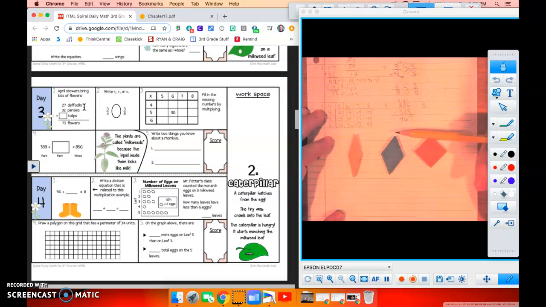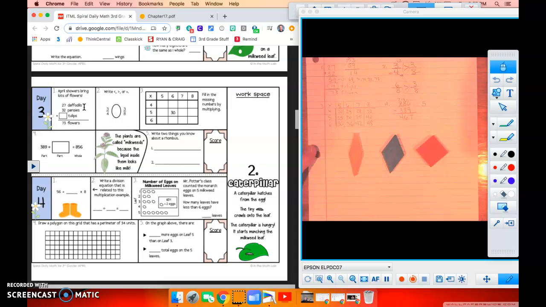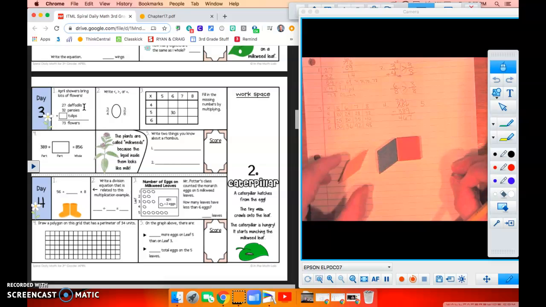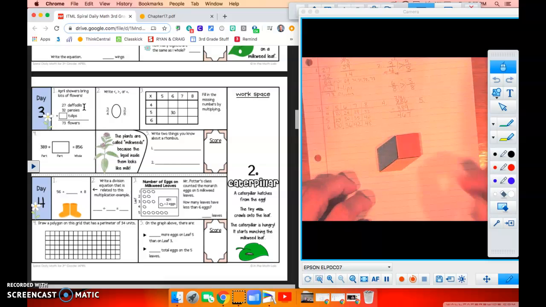And the opposite angles the same. So we have all 4 sides are the same length and opposite angles are the same. Okay? So you kind of see, look at that, it's the same. Oh my goodness. Check it out. All right, there we go.